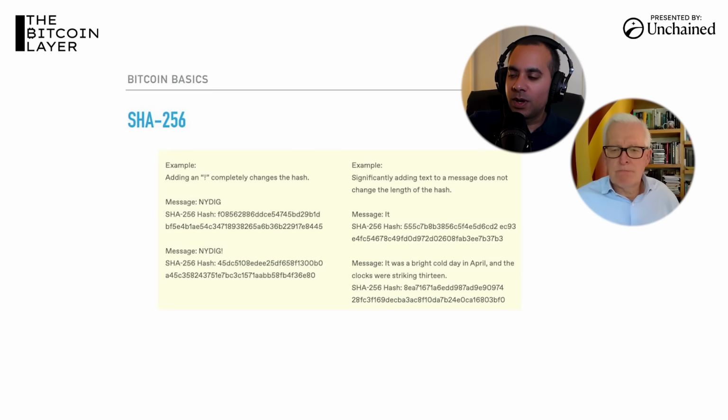And on the right side, it's showing you that the length of the message does nothing to change the length of the hash either. The first message is just the word it. The second message is a full sentence. It still spits out the same number of characters.